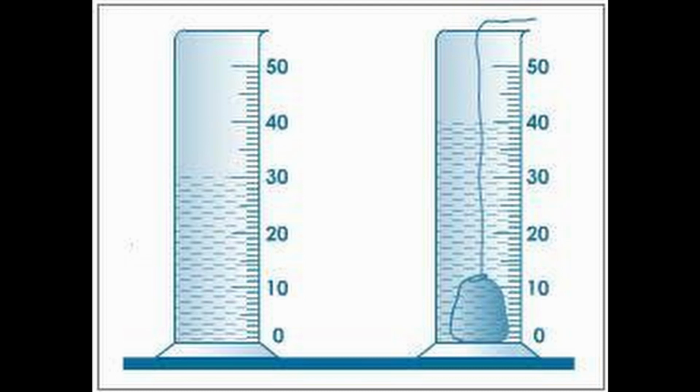Now we'll take the stone and we'll tie a fine thread to it, and we will lower it gently in the measuring cylinder so that it gets completely immersed in water, and we will record the new level of the water. So now to find the volume of the stone, we will subtract the initial reading from the final reading, and we will get the volume of the stone.